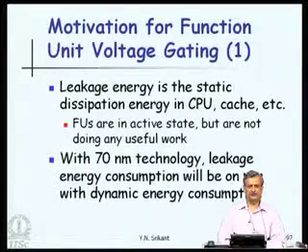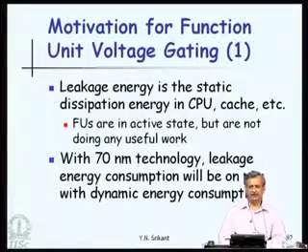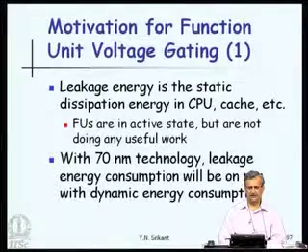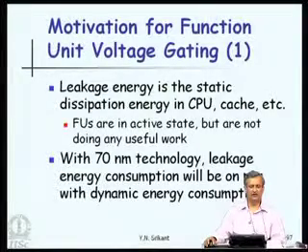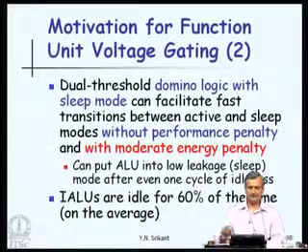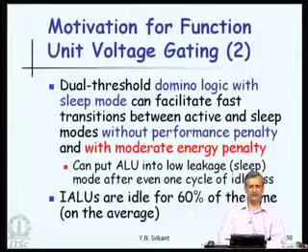So, we need techniques to save leakage energy, because whether we do anything useful in the CPU or not, it will still consume as much energy as when the CPU is really doing something useful. So, dynamic and static energy consumption will be on par, each contributing 50% of the energy consumption. We need to save both of them in order to get the maximum benefit.